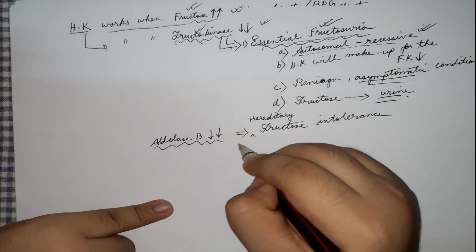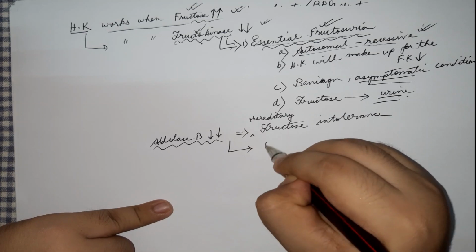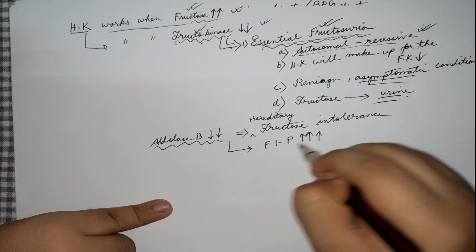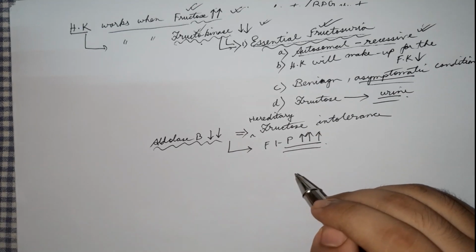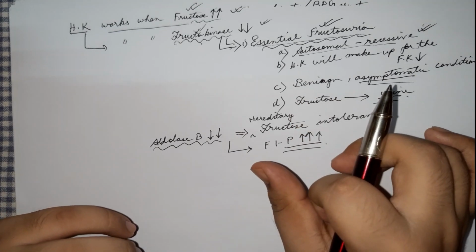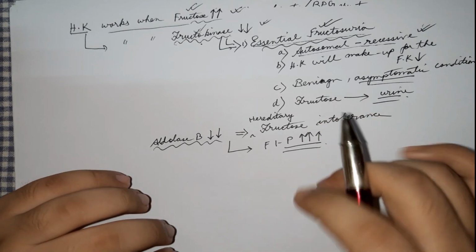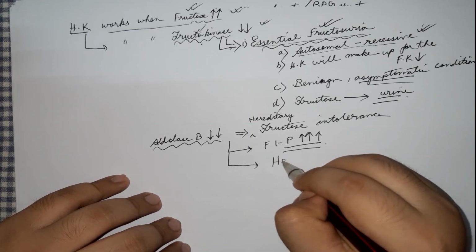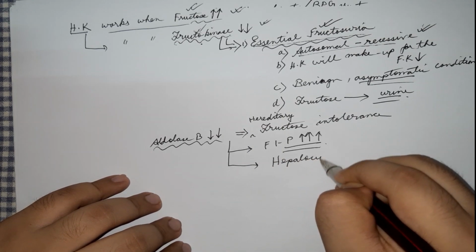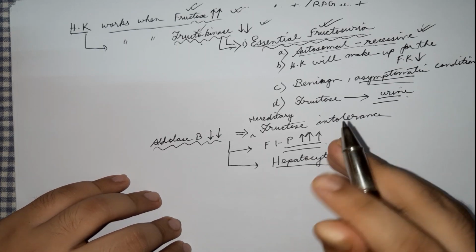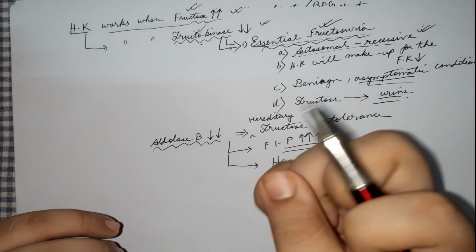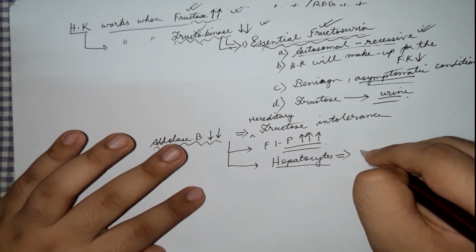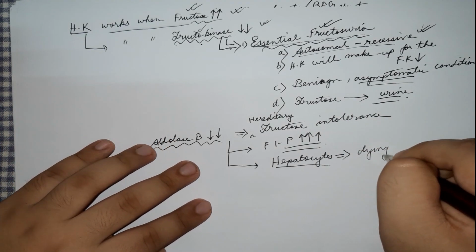So if aldolase B is deficient, that would mean that fructose 1-phosphate would start increasing, right? Now fructose 1-phosphate mostly accumulates where? In hepatocytes, in the liver, right? So due to excessive fructose 1-phosphate accumulation, hepatocytes may start dying.